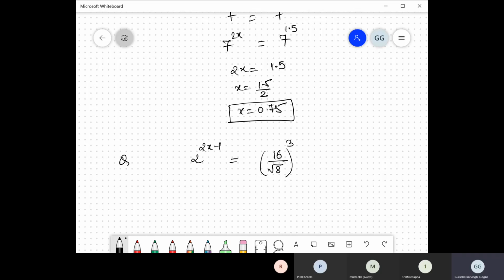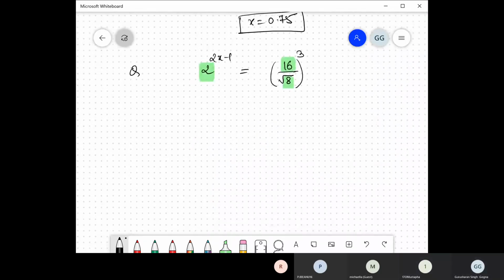You have three types of bases here, 2, 16, 8, which obviously we don't want. So how will you tackle this? Would you cube both 16 and the square root of 8? Very good. No, wait, you would change the square root of 8 to 1/2 and then cube.